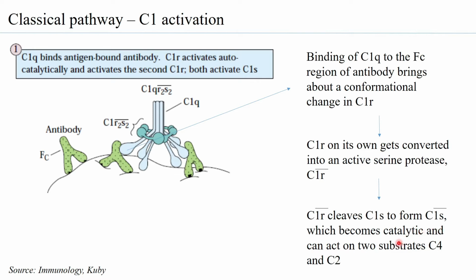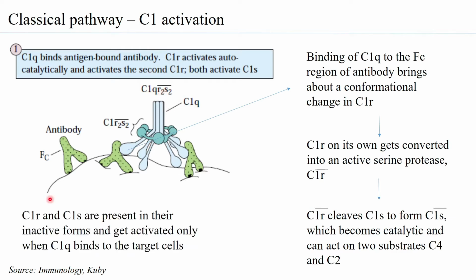So now what is therefore understood is this, that C1q R2 S2, as a complex having bound to the two antibodies present on the surface of a pathogen, has become an active enzyme. So this enzyme should have a substrate, and the substrate for this is C4 and C2, and we will see that in the next step.